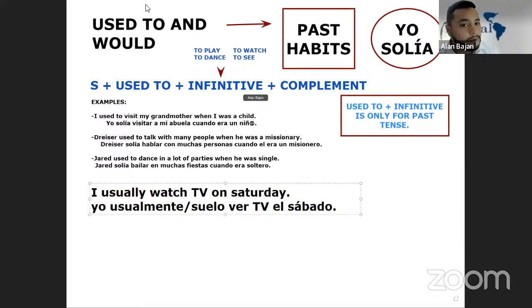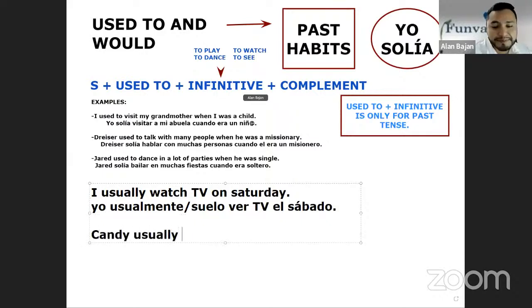Okay, no simple present, only past tense. If I want to say "él suele, yo suelo, ella suele hacer esto," I use usually. For example, Candy usually eats pizza on Friday.